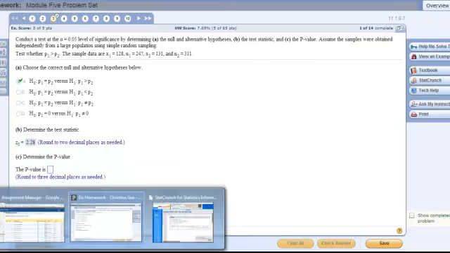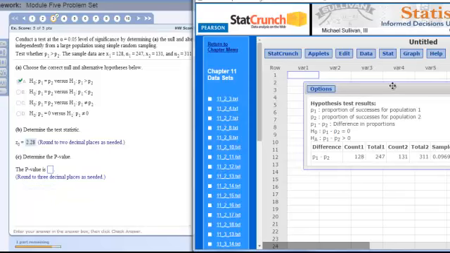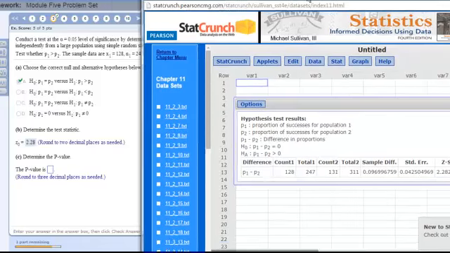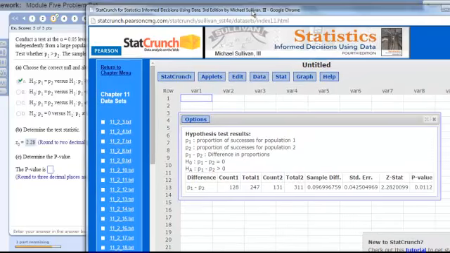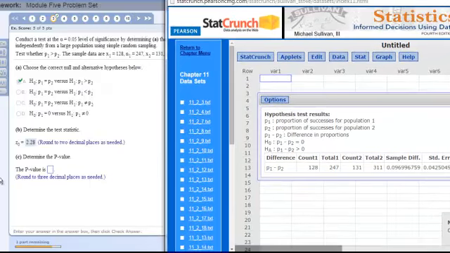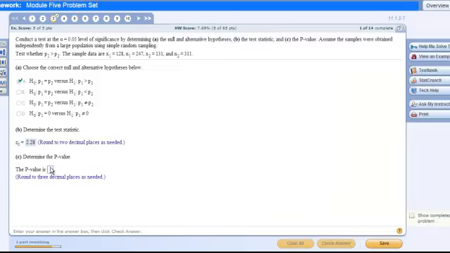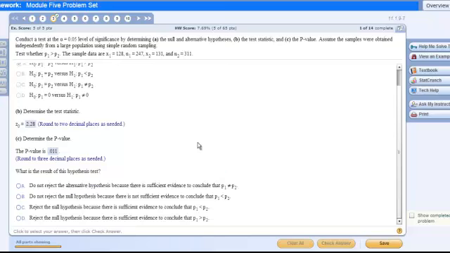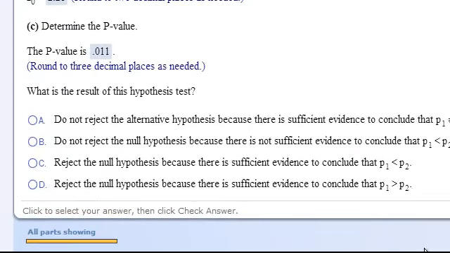And then the p-value is also in this data summary. So let me see if I can get it out. 0.0112. Okay, and that's to 3 decimal places, and they are picky in MyStatLab, so definitely you want to have the right number of places.